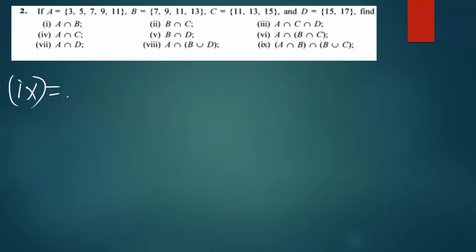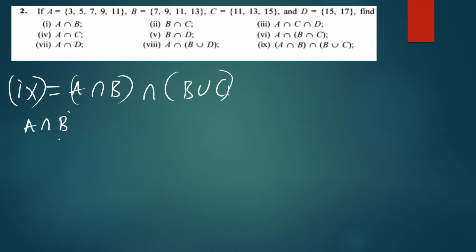Question 9 is also simple. We have A intersection B, then intersection B union C. For this question, we first have to find A intersection B, and then we also have to find B union C. After finding these two sets, we find the common elements between them.